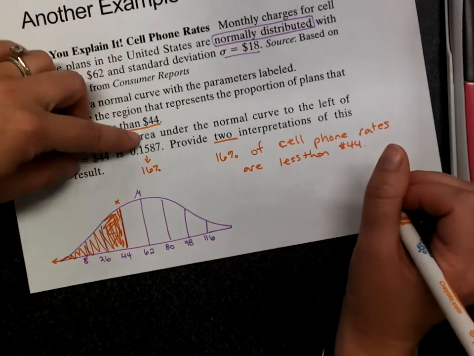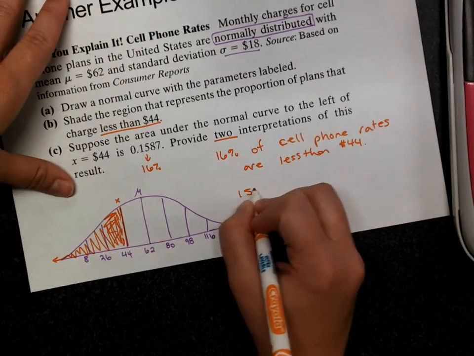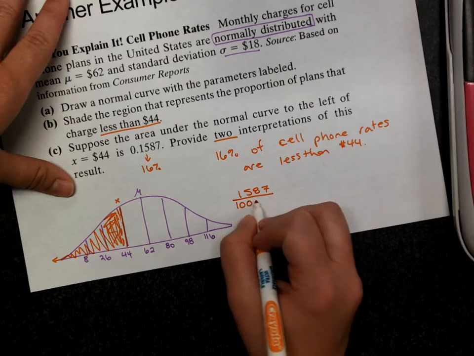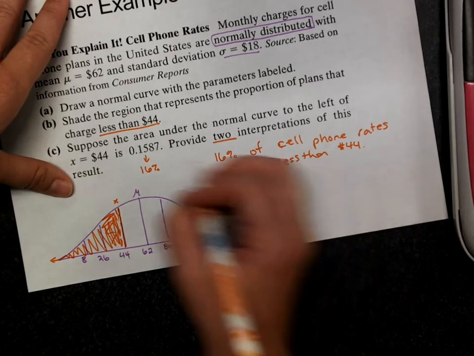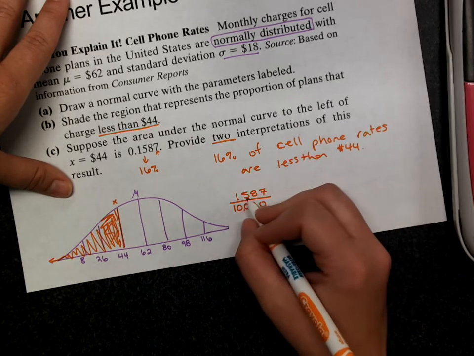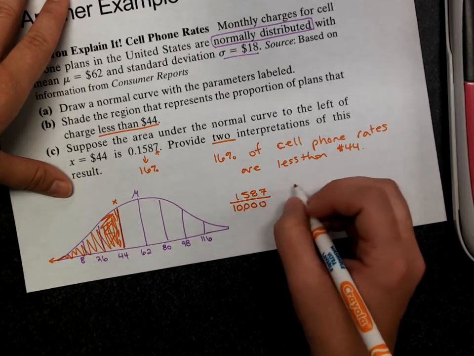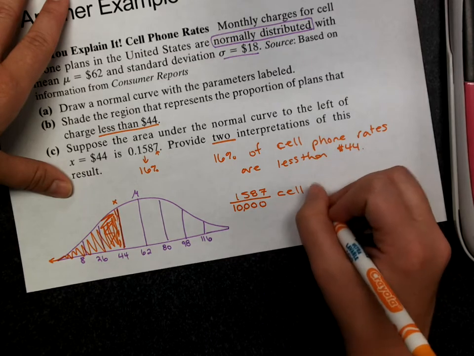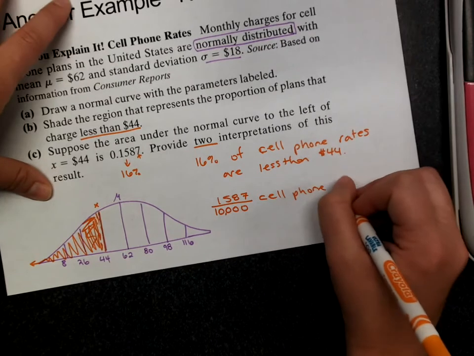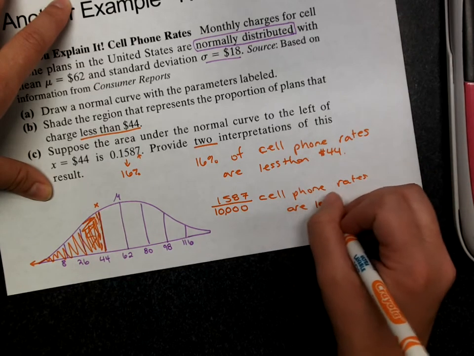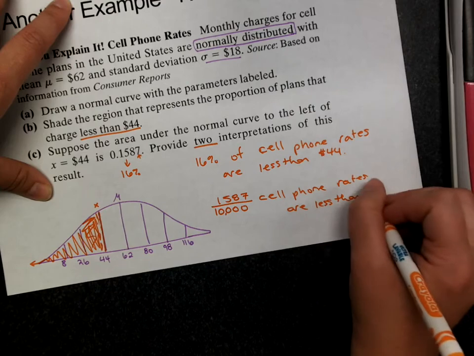Your book also turns this into a ratio, 1,587 out of, I believe that would be 10,000. This is in the 10,000ths place. So 1,587 cell phone plans out of 10,000. So cell phone rates are less than $44.